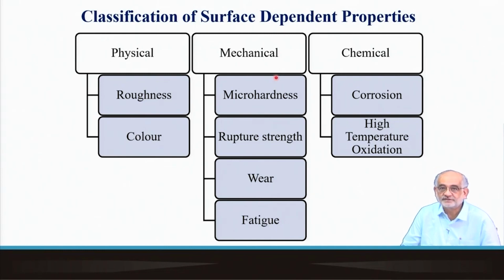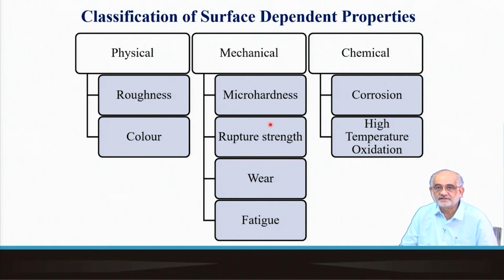One can also come up with some other classification model, but I would take the liberty of saying that as far as surface properties are concerned, we are concerned with the various physical properties like roughness and color, adhesion and so on.